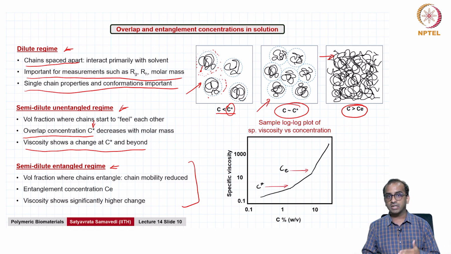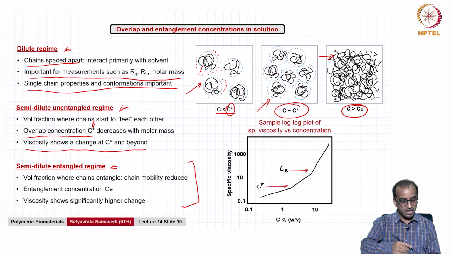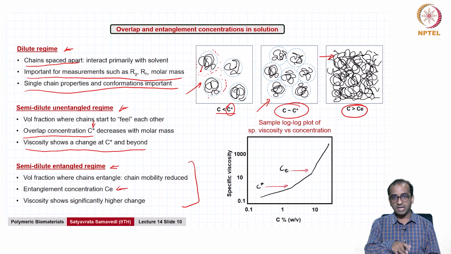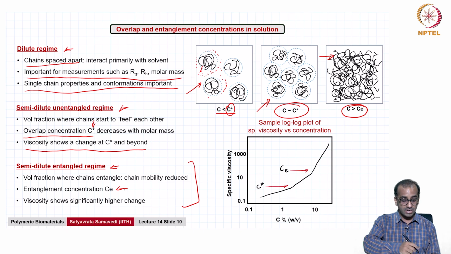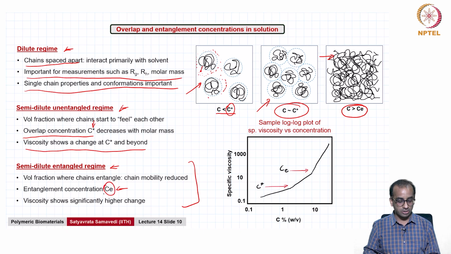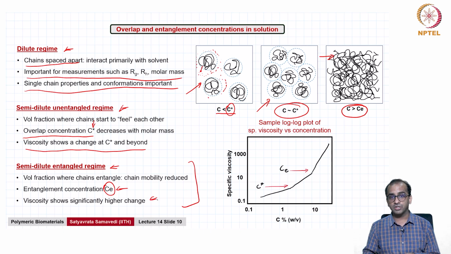It has to start interacting with other chains as well. And one way for it to do that is to entangle. That cutoff between the semi-dilute unentangled and semi-dilute entangled can be thought of as an entanglement concentration. And the viscosity shows a significantly higher change once that point is reached and beyond.